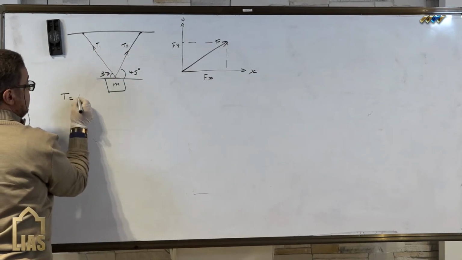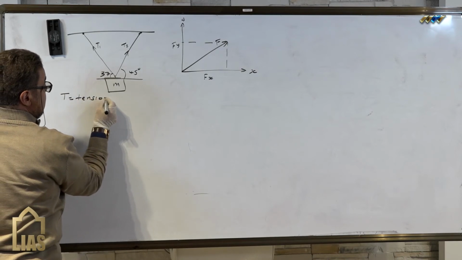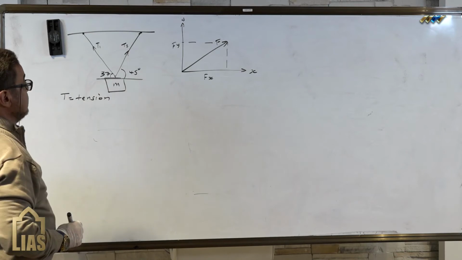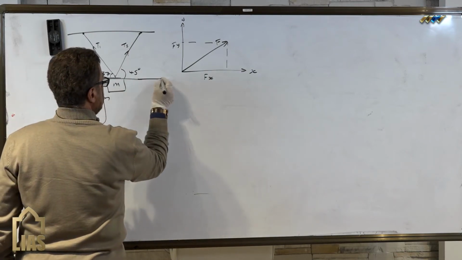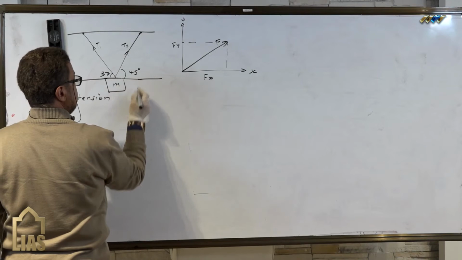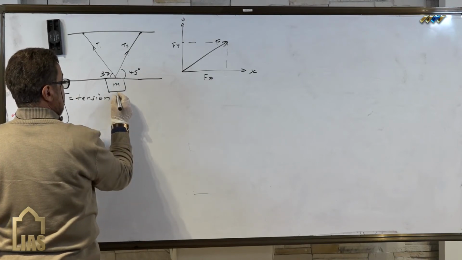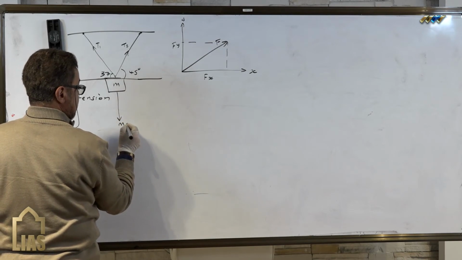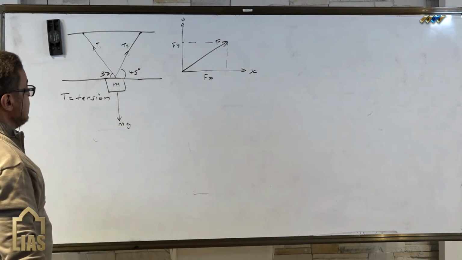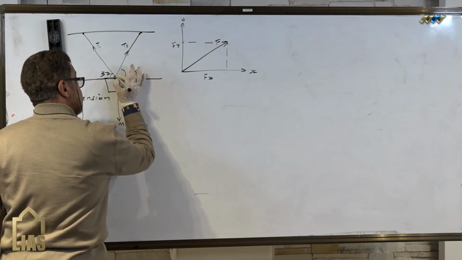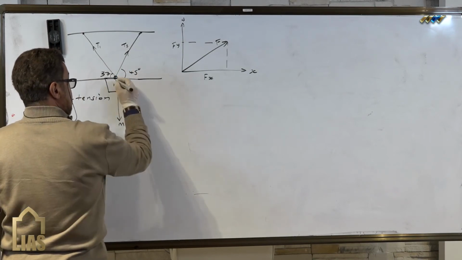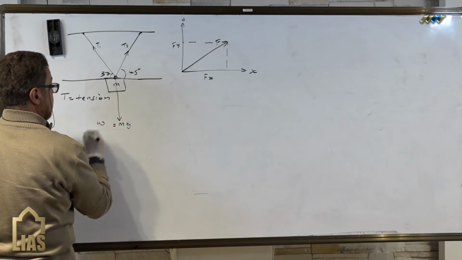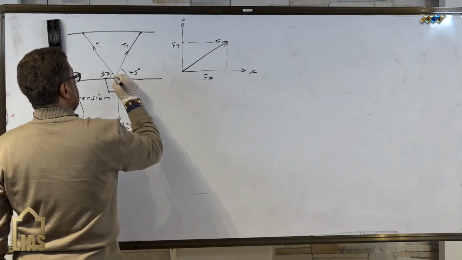T is tension. What forces do we have? At this point, we have mg down, which is the weight.